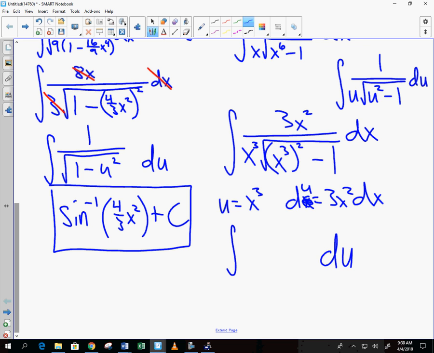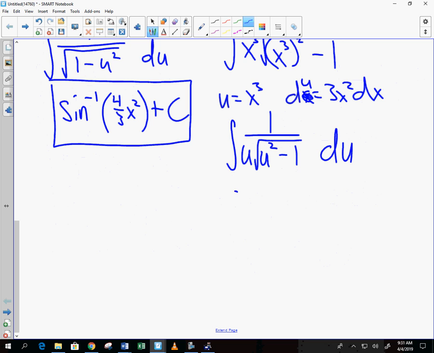And so then I have 1 over, what do I have in place of x cubed? u. What do I have in place of x cubed? u, and then squared minus 1. Do you know what that is? Arcsecant, or secant inverse of x cubed plus a constant.